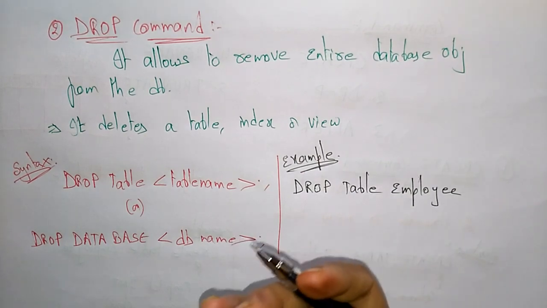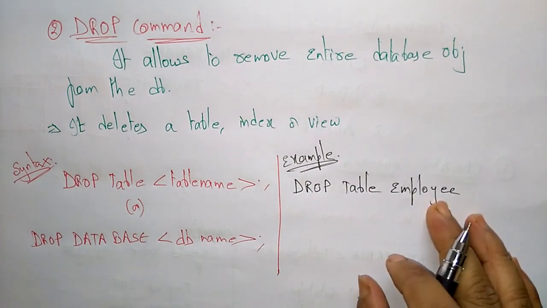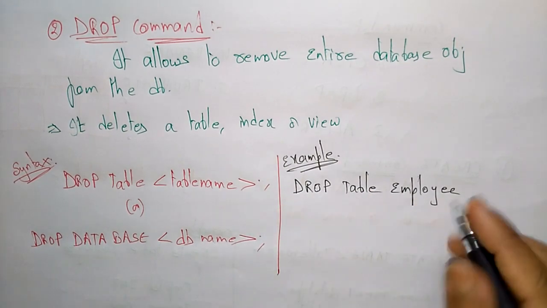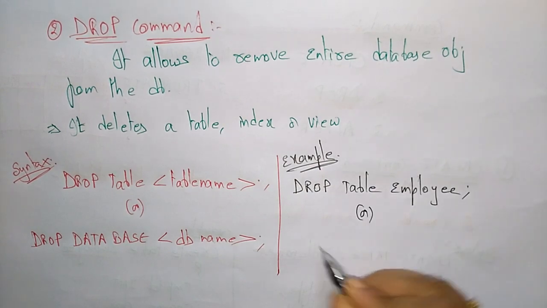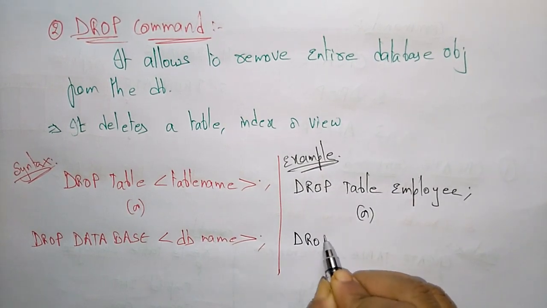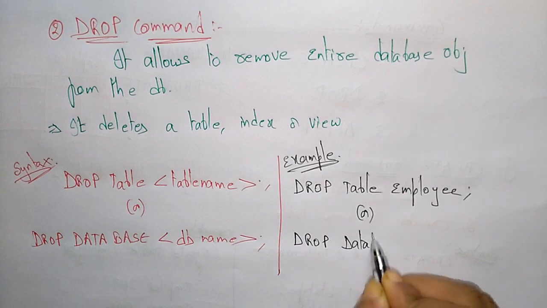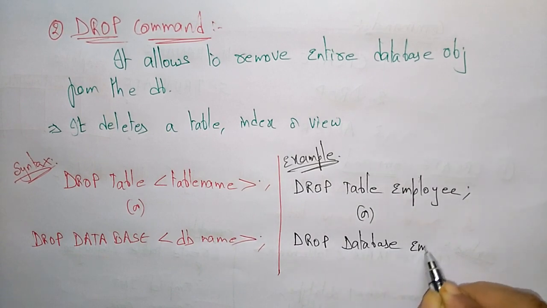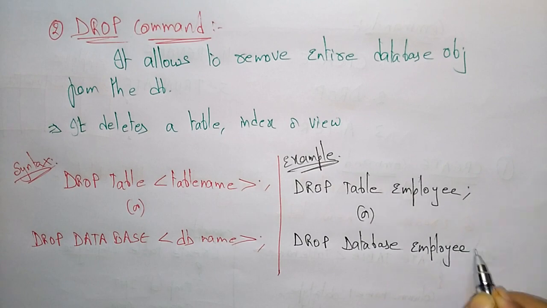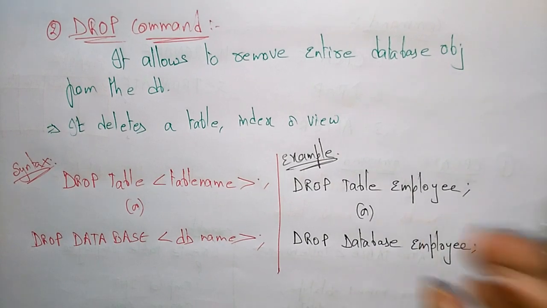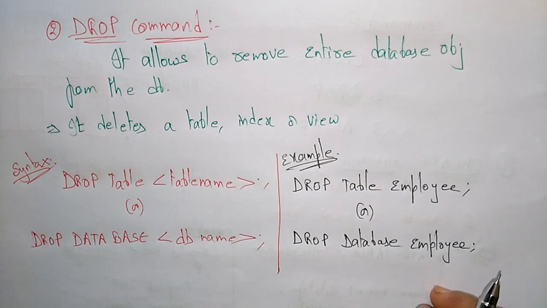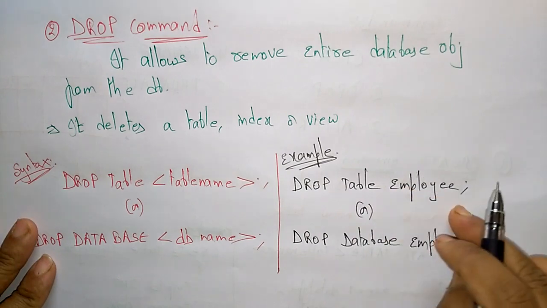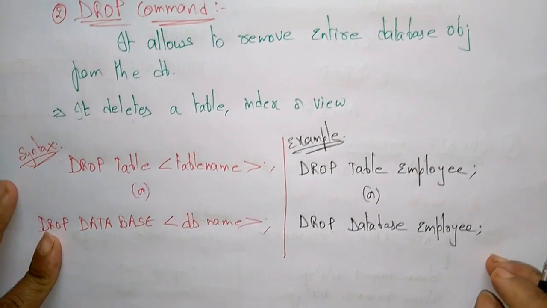If the table is not there, this syntax will give an error. So drop table employee, the table will be dropped, or else drop database employee, so the complete database will be dropped. The table name and the database name may be the same. So drop table name or drop database employee.